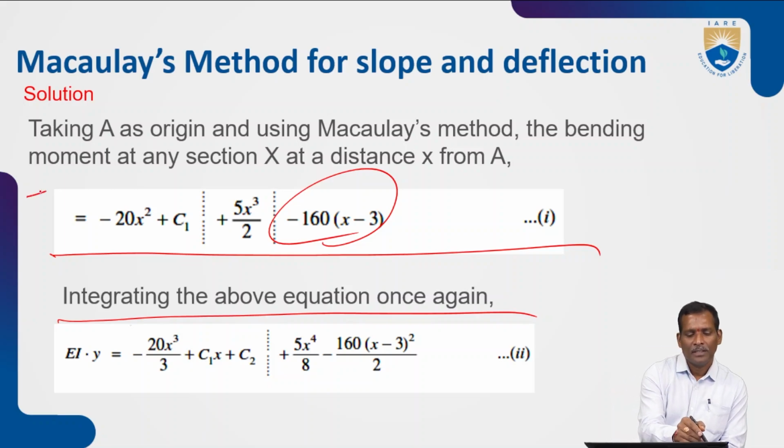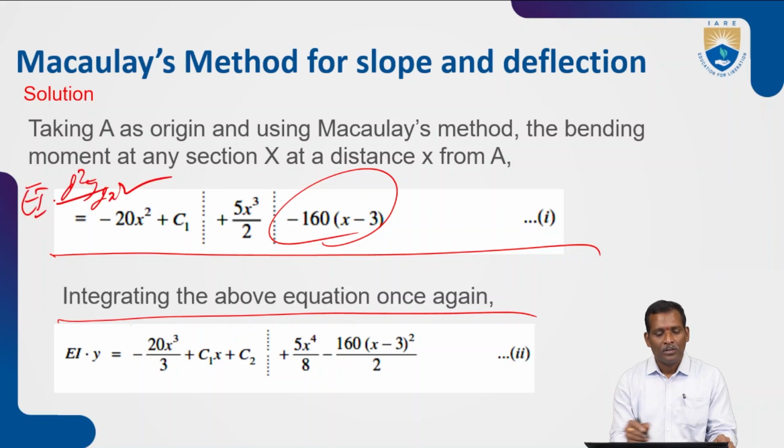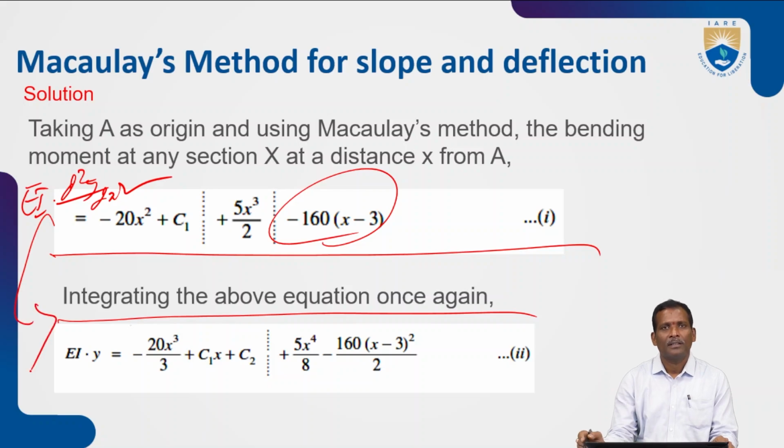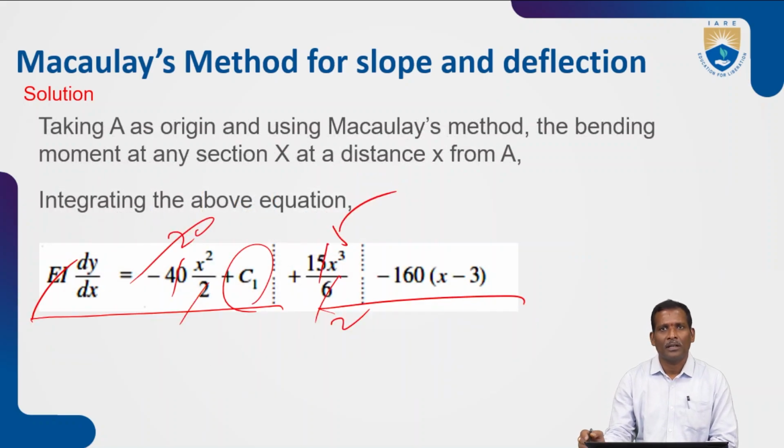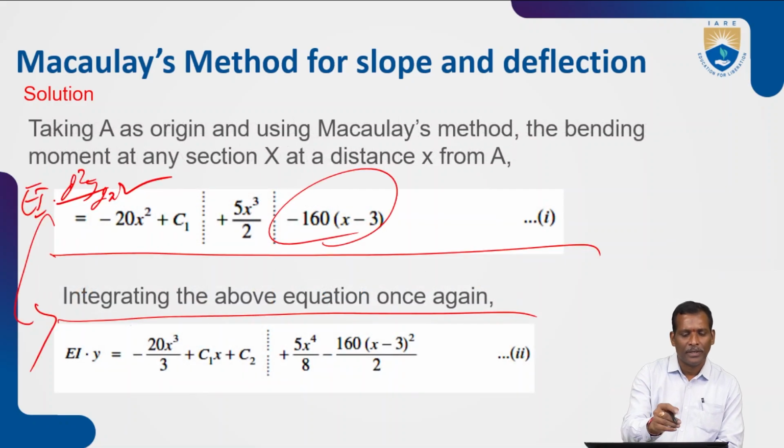So this one is EI into d square y by dx square. Now integrate. Already integrated this one, dy by dx.